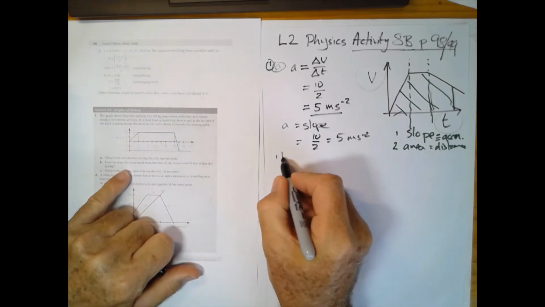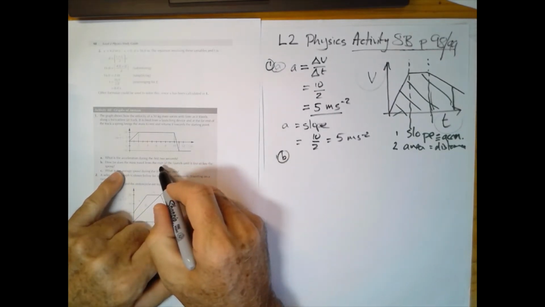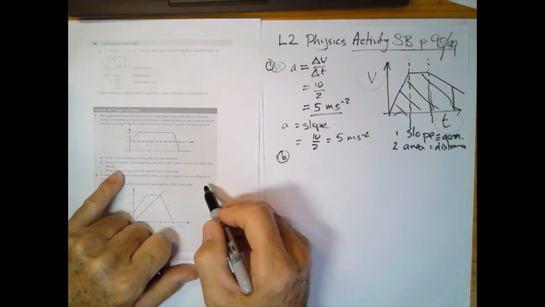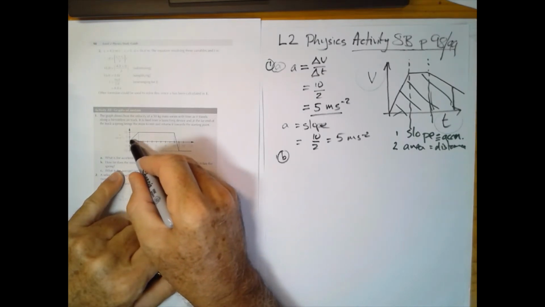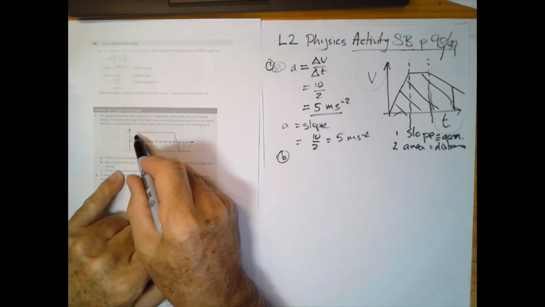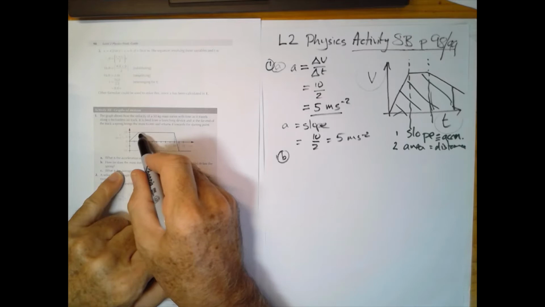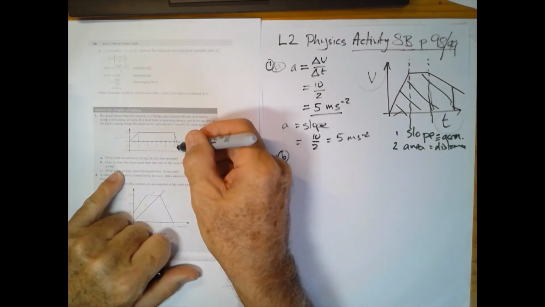1b, how far does the mass travel from the start of the launch until it first strikes the spring? So clearly this is the mass being shot out at the end of the air track, and here it's travelling at a constant velocity along the air track, and it meets the spring here, it starts to slow down.